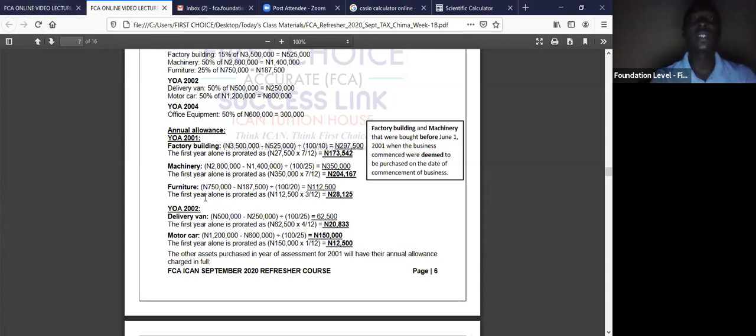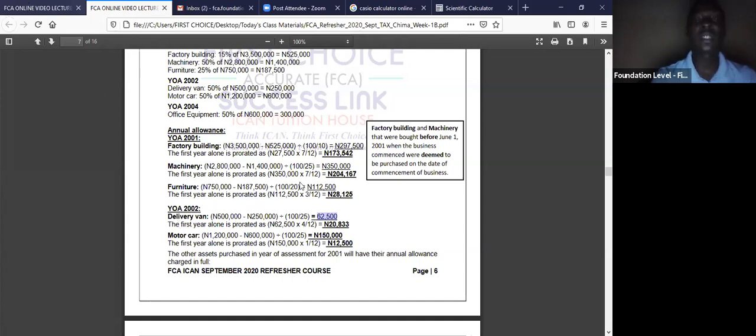Annual allowance here is cost minus initial allowance divided by the number of years for the assets. So you see it gives us 62,500. That is what we should be claiming every year. But the first year of use of this van, we have to prorate.